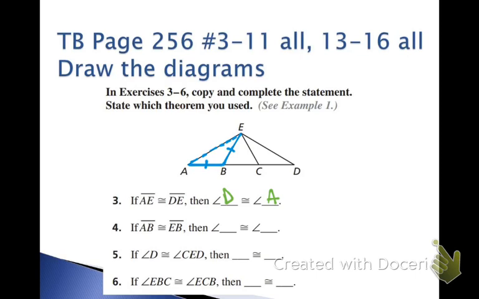What angle will be congruent because AB was marked congruent? It will be E, but we're not going to call it E. Why can't we call it angle E? Because there's a lot of angles there. Whenever you can't name it with 1 letter, you name it with 3. So what 3 letters will we use to name this angle? AEB. Good.